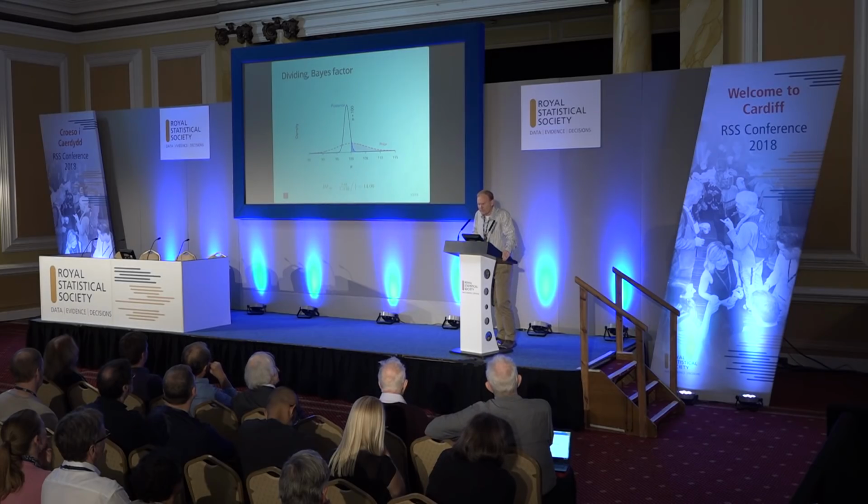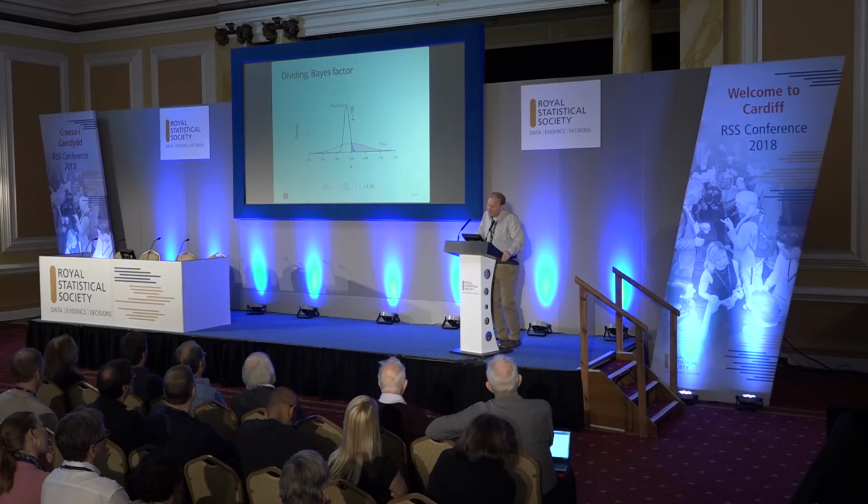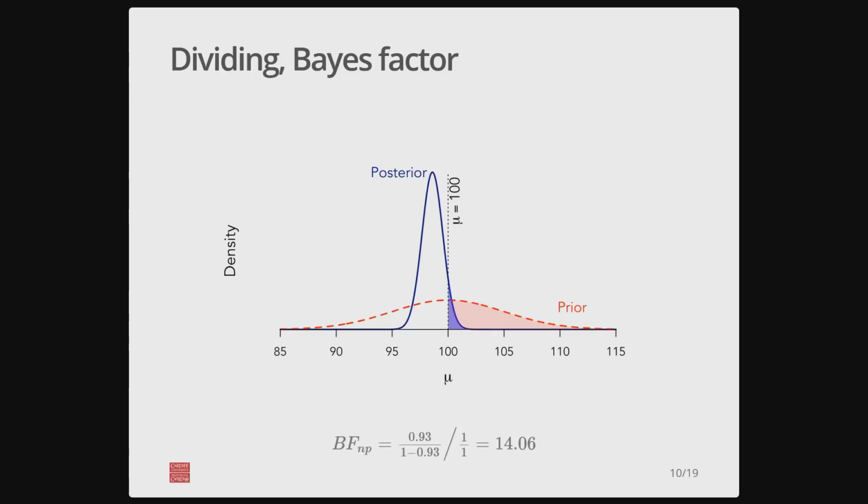Now, at this point, you should be thinking, wait a minute. What you said was the Redefine Statistical Significance team said that p-values exaggerate the evidence. But here you're showing that I have this, Jeffreys would call this strong evidence, anything greater than 10, strong evidence.